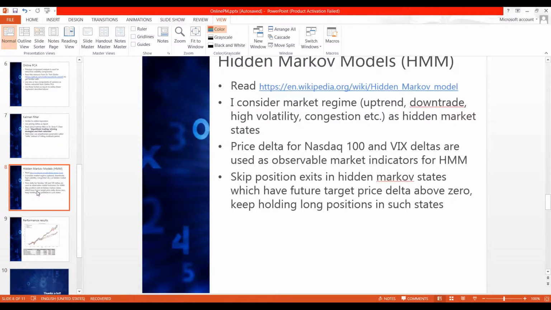I use a month's period for the moving average. So that was all features based on deltas, simple features. And as concerns principal component analysis, I extracted the first and second components from these deltas and used them as features for linear regression.